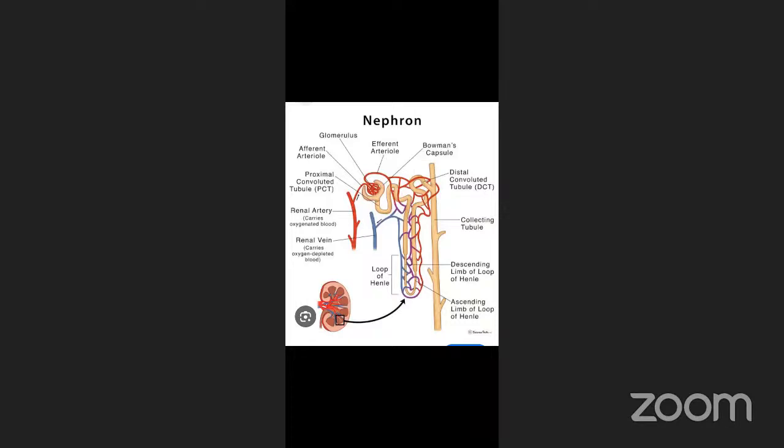Madam, it's convoluted. Yes. The structure of the proximal convoluted tubule is highly coiled, and the reason why it is highly coiled is to ensure that the glomerular filtrate moves slowly within it to cause more reabsorption.